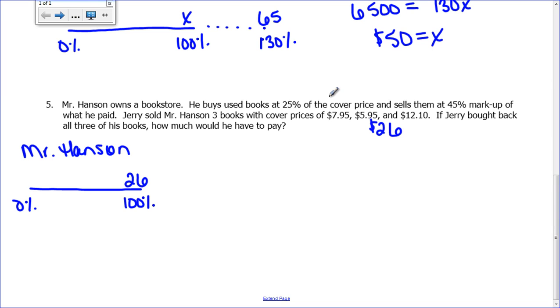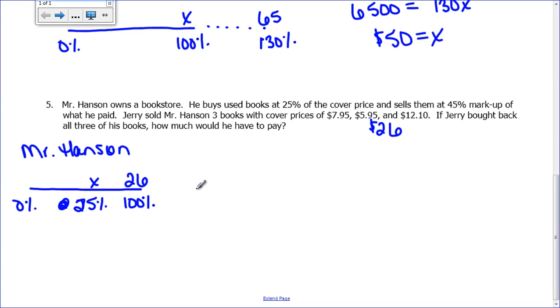That's what he's going to pay for the books. Okay? So we're going to find out what 25% of that is. That's what Mr. Hanson is going to pay.